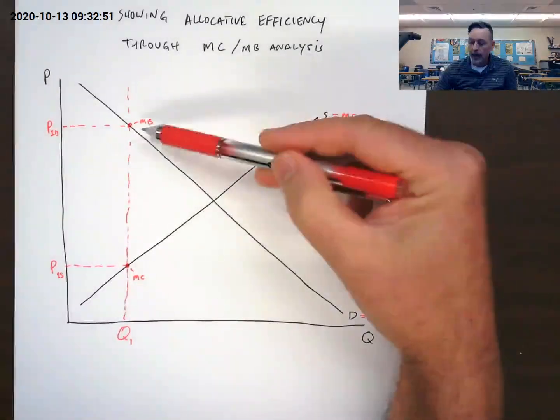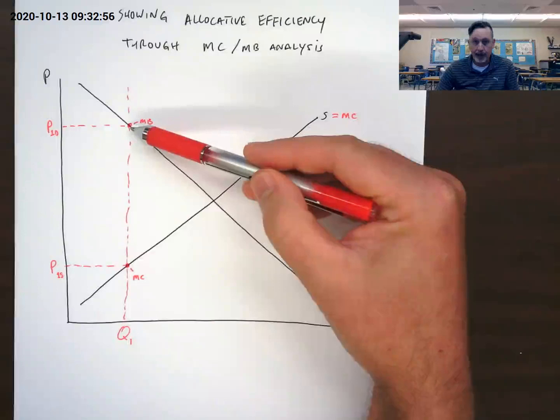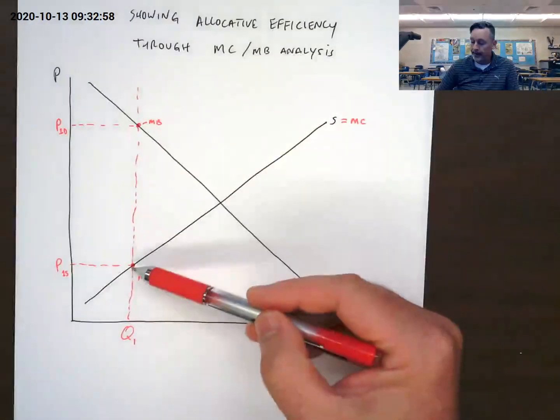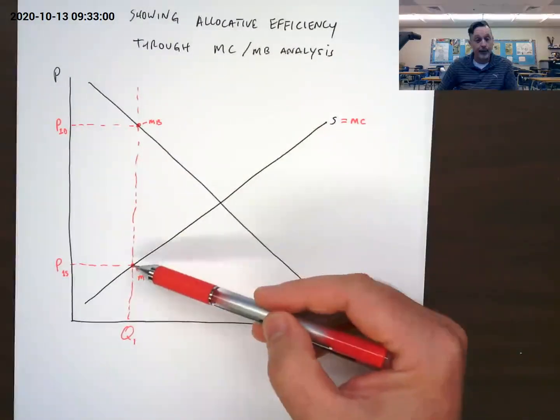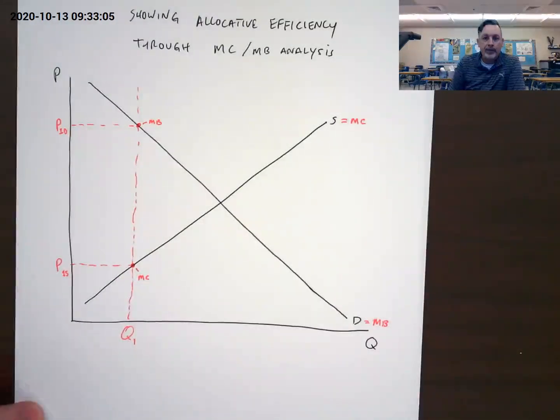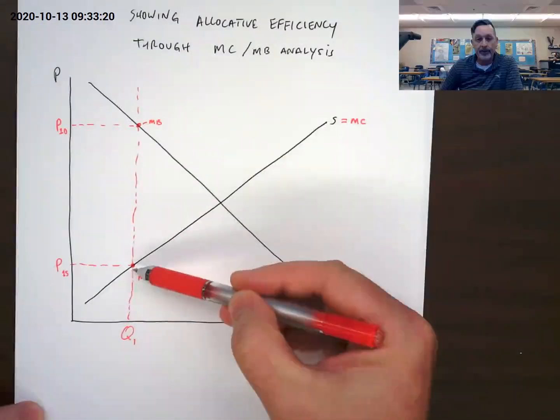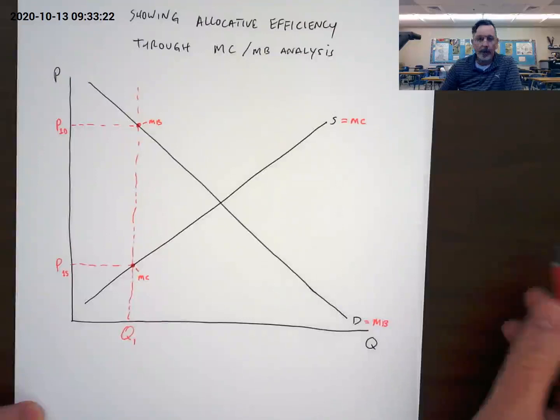So right here we have a product that is creating this much benefit while only costing society this many resources. And so we can say in this particular case that the benefit of consuming that product far exceeds the cost to society, which means that society would really like more of that thing. If we are having this much benefit and it's only costing us this much, let's go ahead and do it.